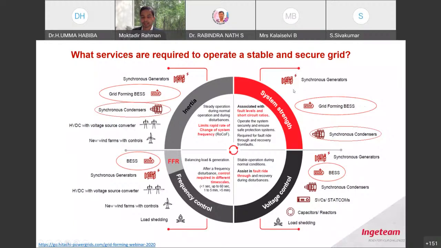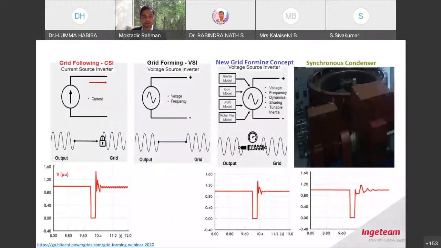So the next available solution is grid-forming battery storage, and the synchronous condenser that can provide the inertia, grid support, and voltage control. There's another technology, the SVC STATCOM, for frequency control. You can do the frequency control and inertia support, grid forming, as well as synchronous condenser. So this kind of technology can help to support the renewable integration into the grid.